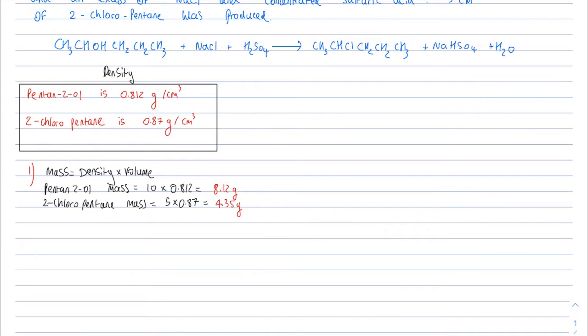Now we have the mass of pentan-2-ol and the mass of 2-chloropentane. Now this is the actual yield, because 5 centimeters cubed of 2-chloropentane was produced.